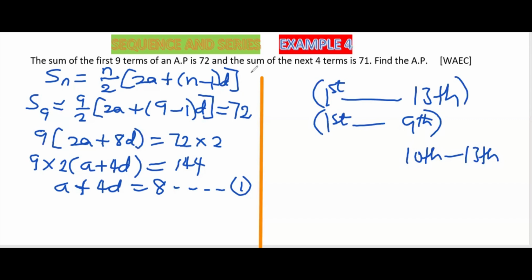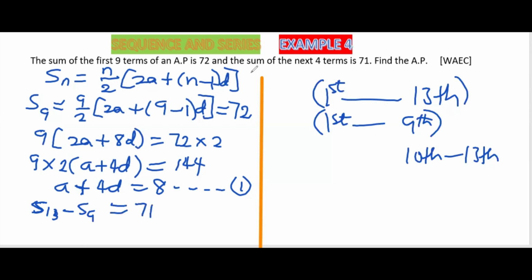So I can find the sum of the first 13 terms, which is S13 minus S9, which will give us the value we are given here, which is 71.